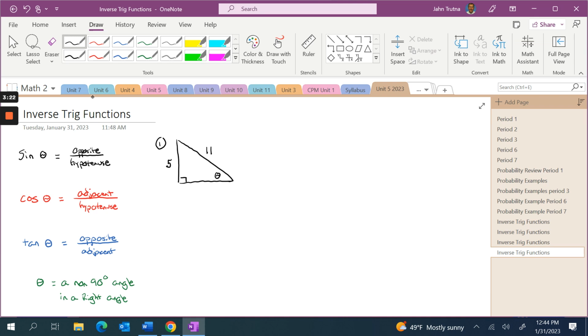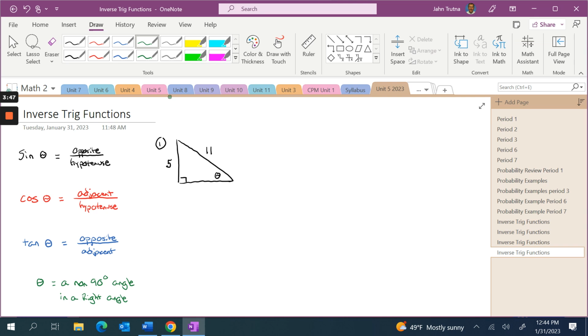So what we're going to be doing in this problem is using sine or cosine or tangent, and solving to figure out the value of theta. In other words, we are finding this missing angle in this right triangle, the angle where the theta symbol is.